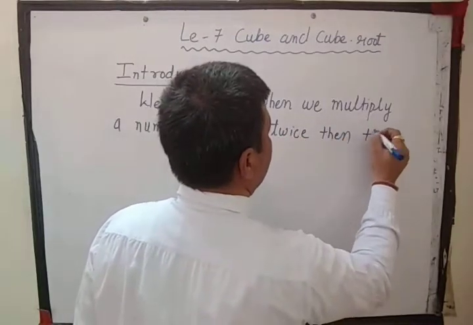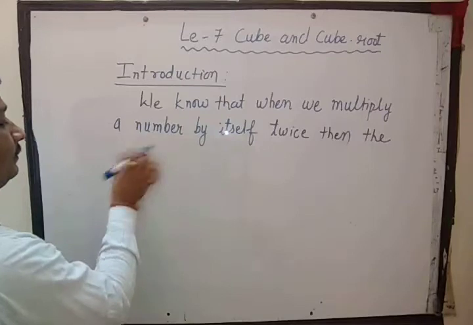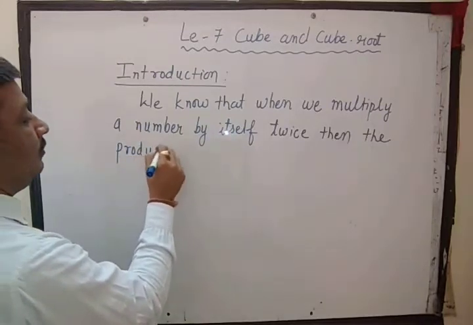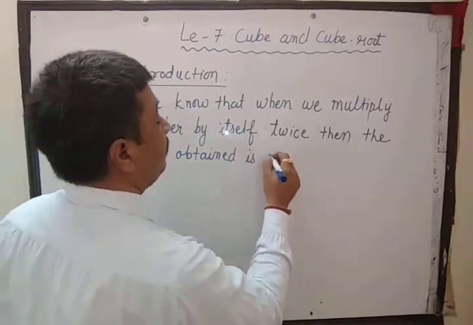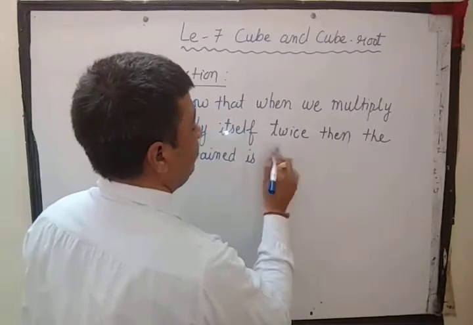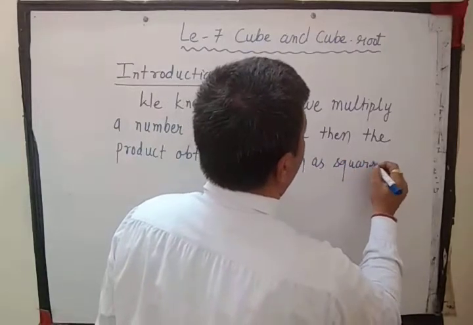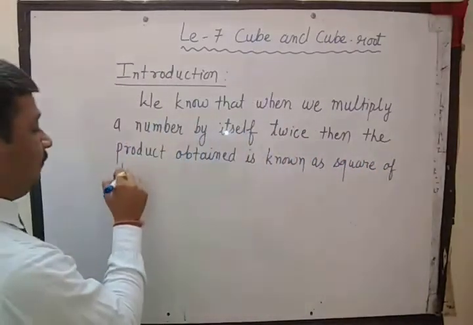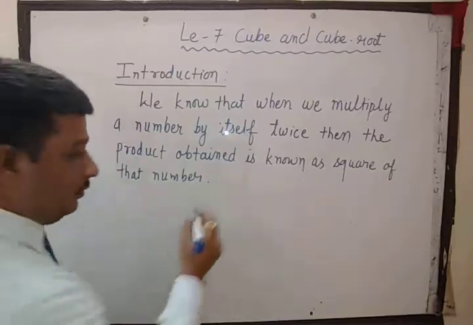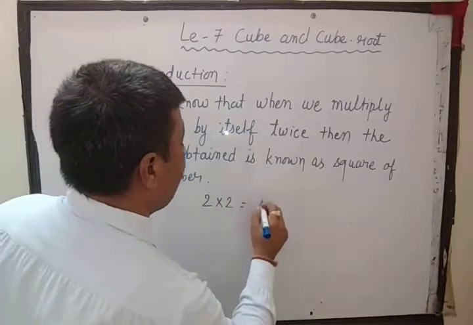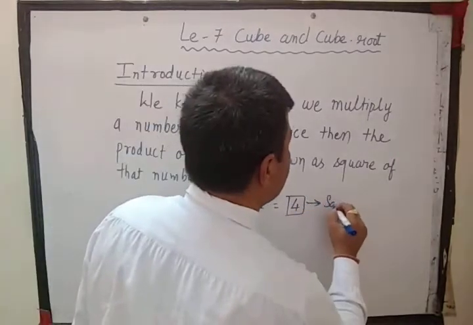Then the product obtained is called or known as the square of that number. So 2 multiplied by 2, we are getting 2 square, and that will be 4. So 4 is the square.